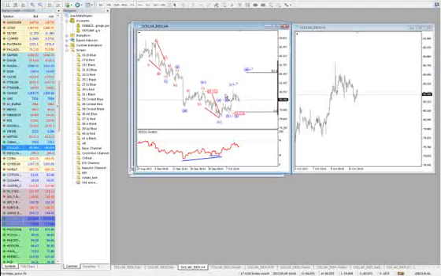So I have received emails asking where we should go from here. Well, this at the moment is a very hard question. It's not easy to answer because, as we know, the market moves in 3 waves or 5 waves.